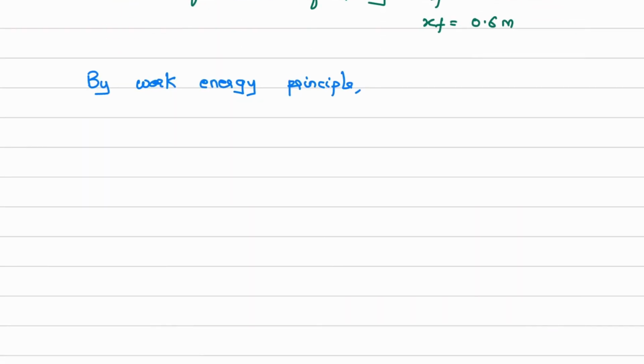So what is work energy principle? Summation of work done is equal to change in kinetic energy. Work done, we have spring force and the block is being raised. Okay, so we'll have potential energy. Okay, so half K, initial point xi square minus final point xf square. These values we have already calculated.